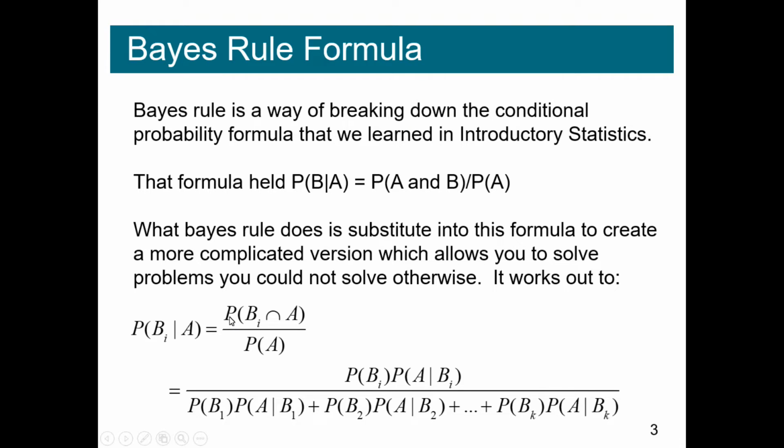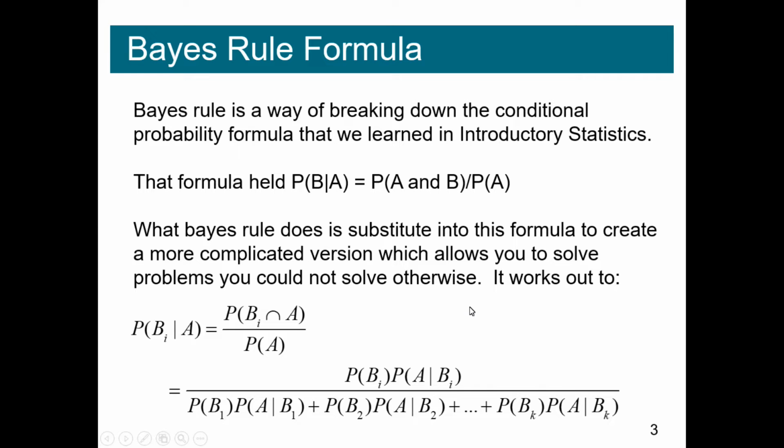What we're going to say is P of B and A is the same thing as P of B occurring times the probability that A occurs given B. It's really just a reordering of this original formula for conditional probability using A given B instead of B given A. So this all equals, on top, P of B given A, written as P of B times P of A given B. On bottom, all of this stuff adds up to the probability overall that you get A.